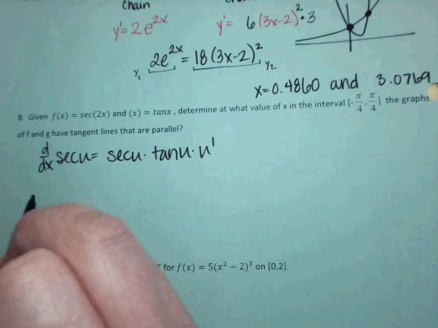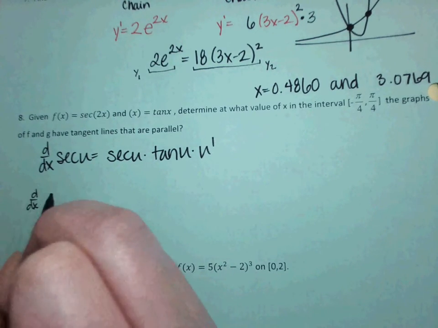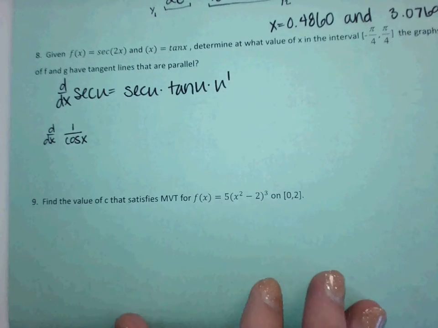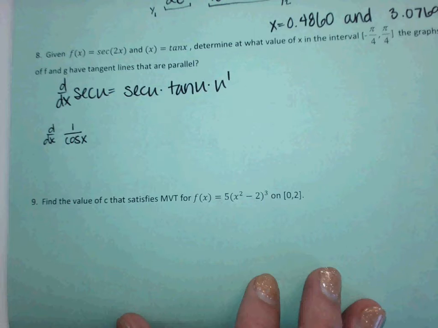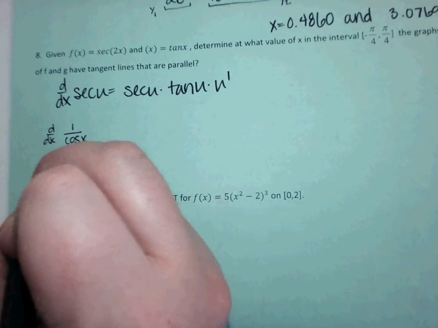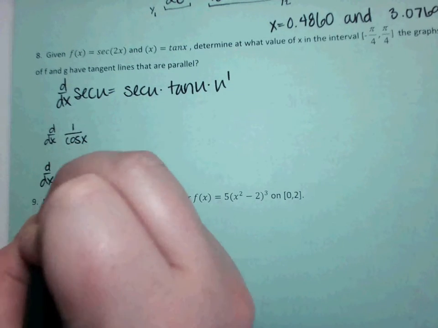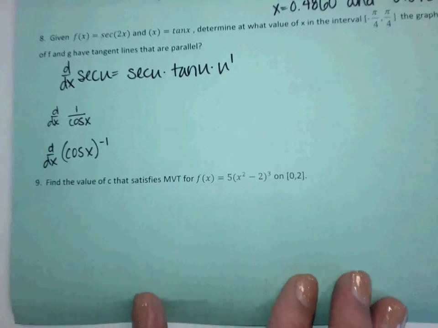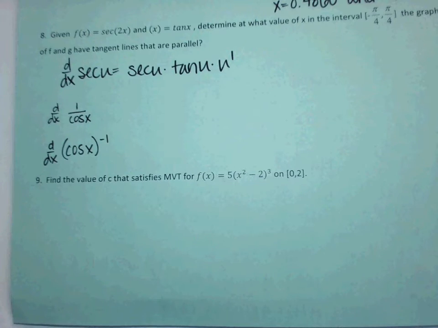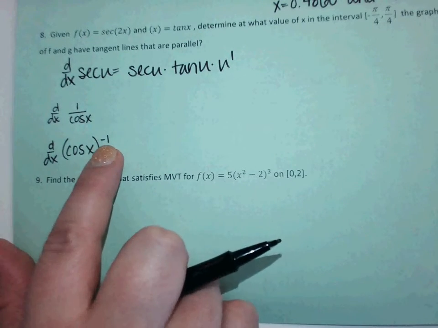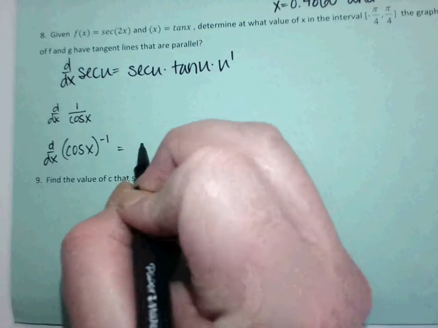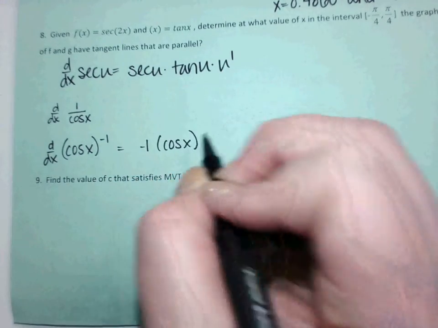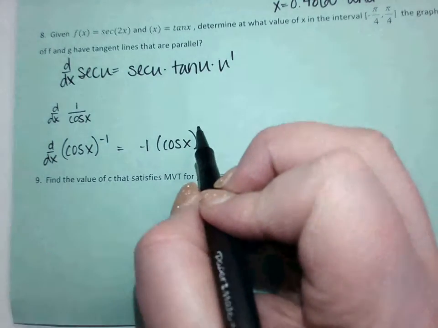Okay, so this is really the derivative of 1 over cosine, yeah? Okay, I'm going to make all my other classes prove it. I forgot about this. Okay, so from here, cosine x is on the bottom. That means I can write it as cosine x to the what power? Negative 1, right? Okay, from here, what do I do for the derivative? I times the negative 1 down. So I have a negative here. Negative 1, then what is the power on cosine x if I take away 1 more? Negative 2.